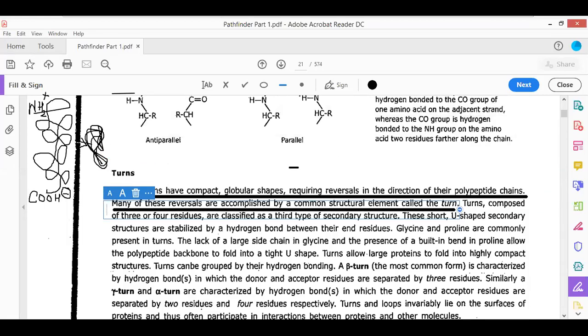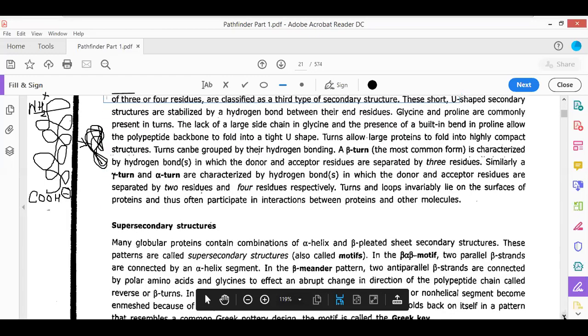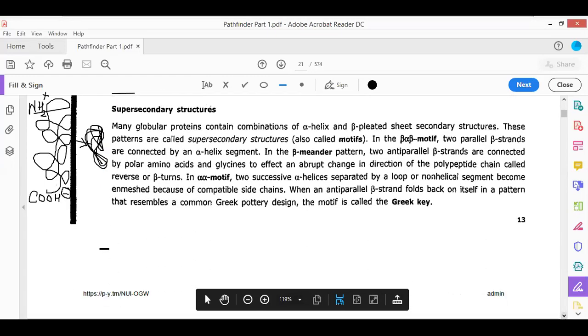Now, how I'm going to draw the turns, you have to look here at the whiteboard. I'm going to take a whiteboard and draw certain turns, because here the space is too low. I cannot find any space to draw the specific structures of turns. Okay, let me draw the structures of turns here so that it can be easily understood by you all.